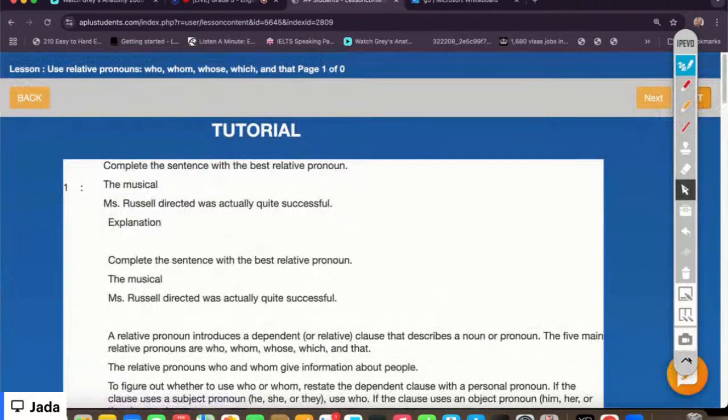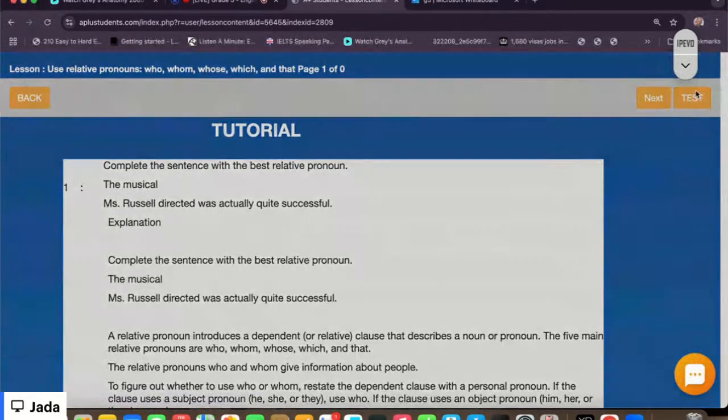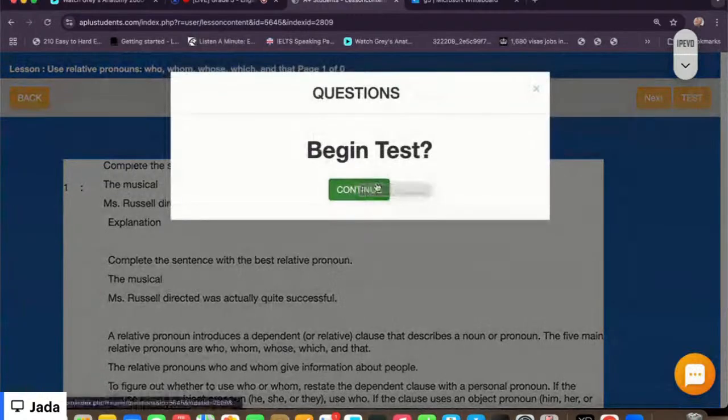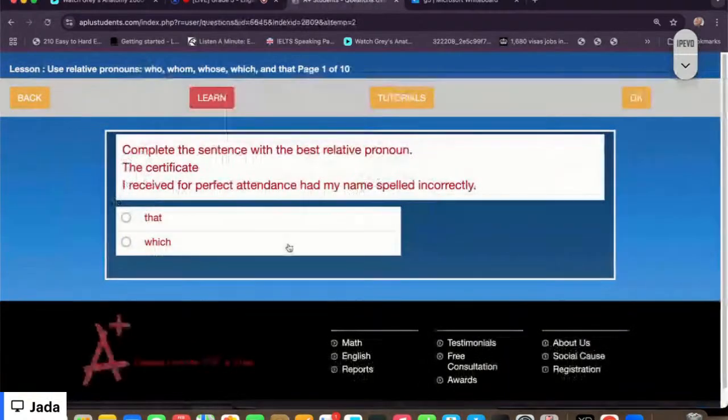So this time, you all pay attention and send in your answers. All right, so complete the sentence with the best relative pronoun. The certificate dash I received for perfect attendance had my name spelled incorrectly. So, what is the best relative pronoun here?